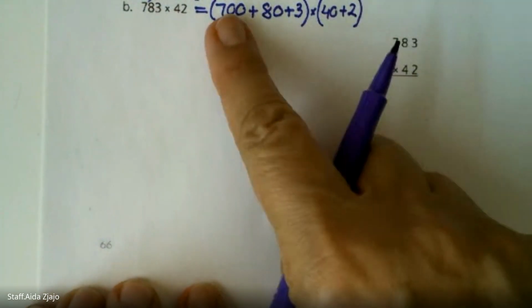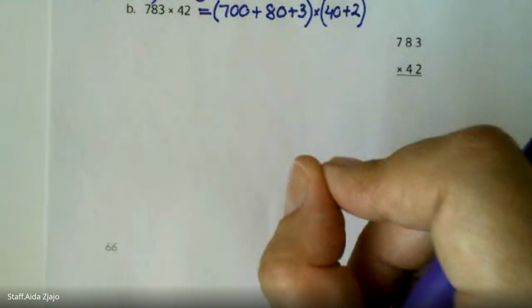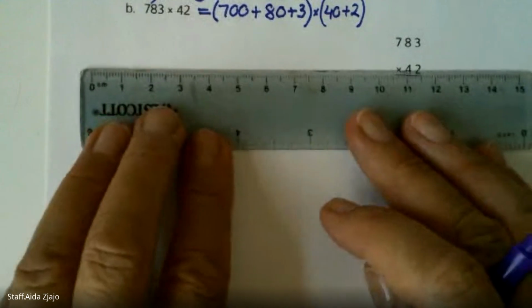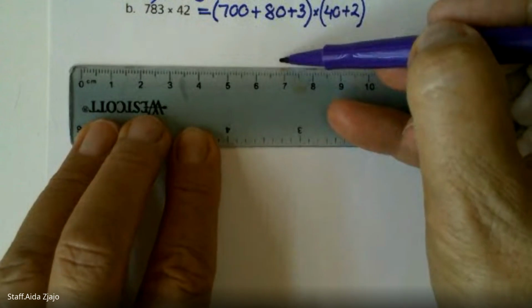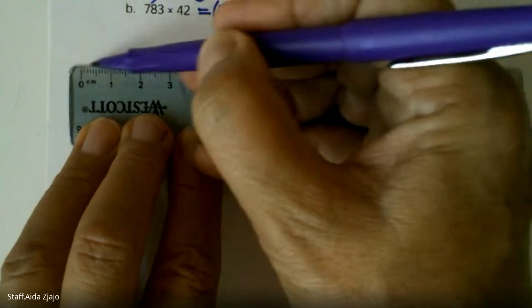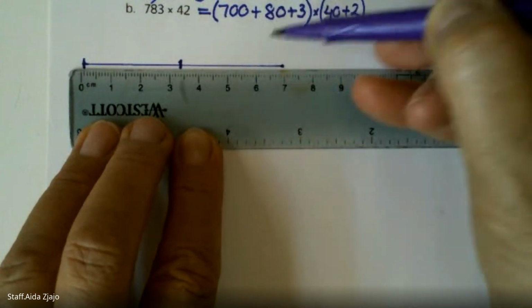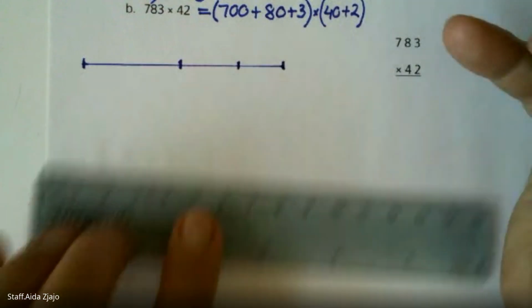Okay, so these are parts that we will, 3 times 2 is 6, so I will have 6 areas to consider. I'm going to make this line, and then I can make this to be 700, this to be 80, and this to be 3.